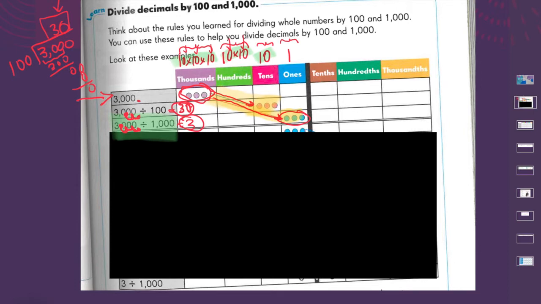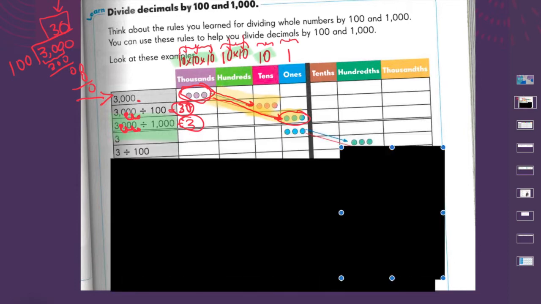Now let's look at the whole number 3. When we divide 3 by 100, think about where the decimal point is. Think about the place value when we're dividing by 100, okay? And think about what's going to happen to that decimal point as we divide 3 by 100.